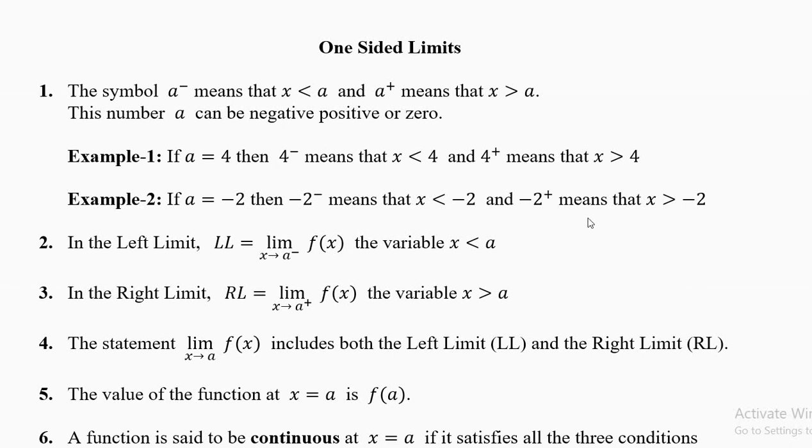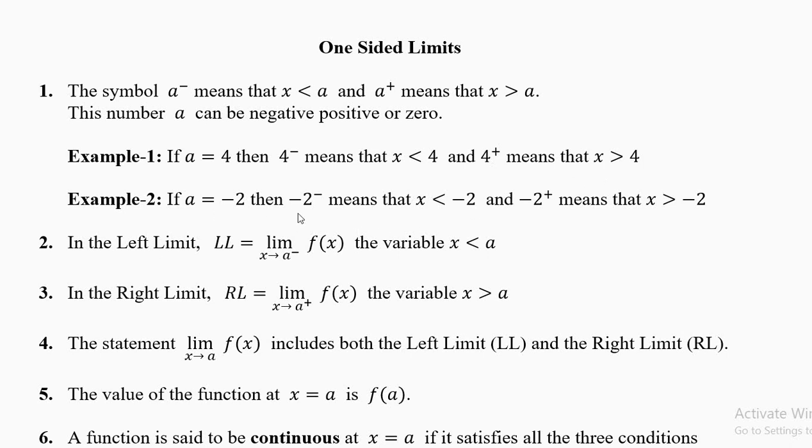Now we'll be doing something called a one-sided limit, where you'll see numbers like a minus and a plus. Now a minus means the number is less than a, a plus means the number is more than a. Plus means more, minus means less. The number can be negative or positive. Let's look at two examples. 4 minus means x is less than 4. 4 plus means x is greater than 4.